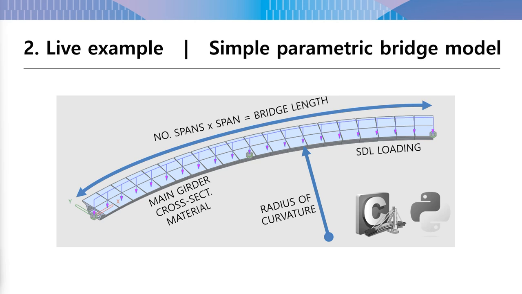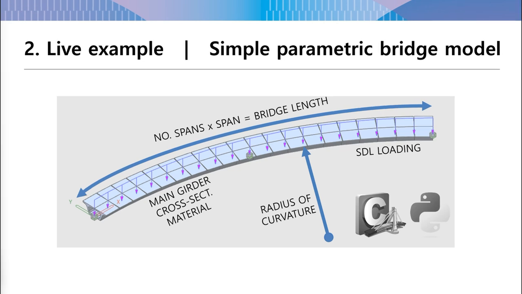Then we will use those results to make a small-scale parametric analysis for our parametric bridge model. For this example, we will need basic knowledge of MIDAS Civil NX API features.